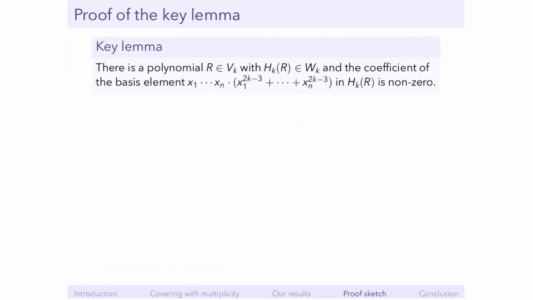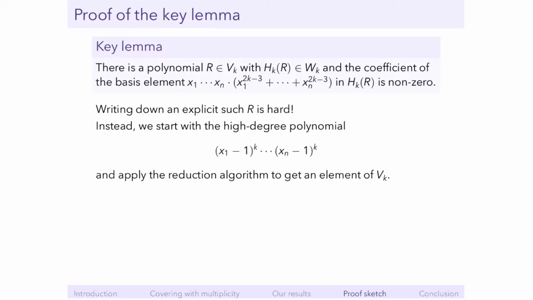So, okay, how do we prove this? Going back to what Andre asked before, I don't know how to write down an explicit such r. It seems very hard. So instead, we apply the only thing that we know how to do, which is to start with a high degree polynomial, and we apply the reduction algorithm to it. So this polynomial vanishes to multiplicity at least k outside the origin.